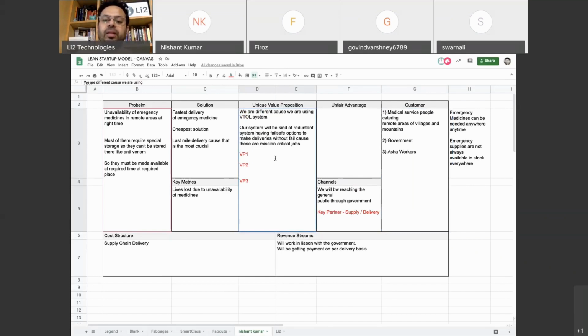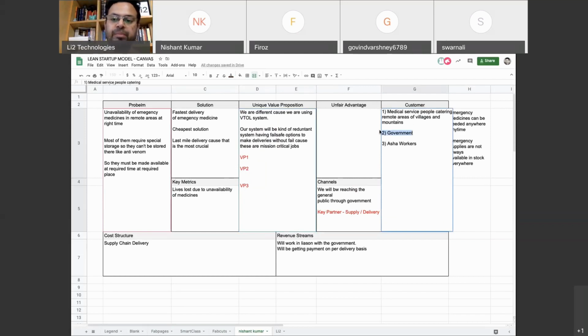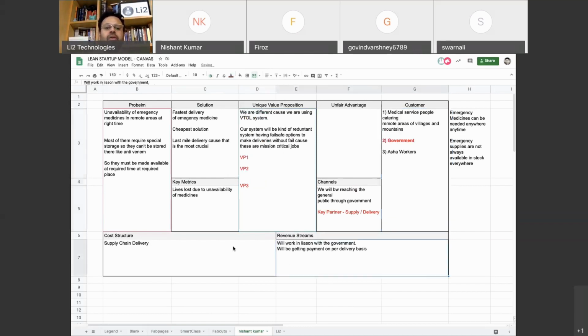Your hypothesis here, according to me, more than all of this, is that government will partner and government will pay me money. This is your biggest assumption that you're making, because at the end of the day, the business or any startup or anything is only these two, right?